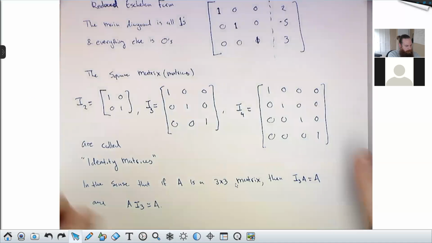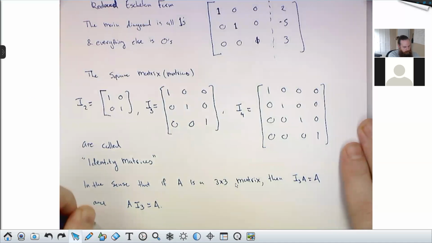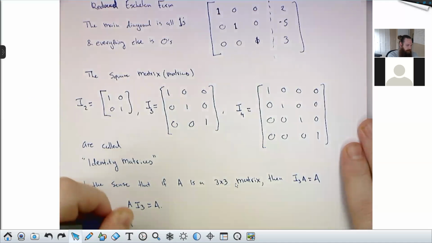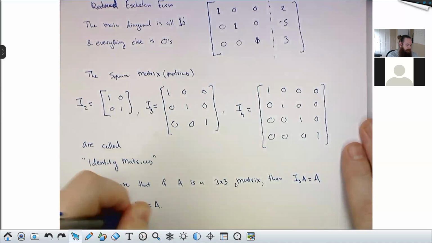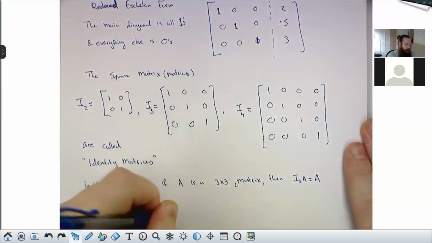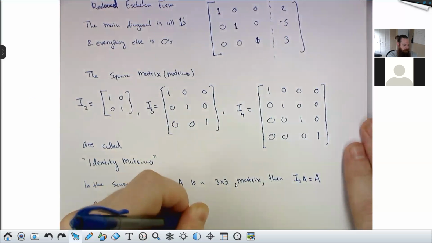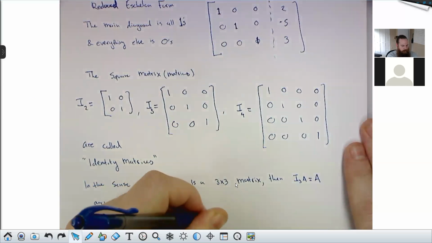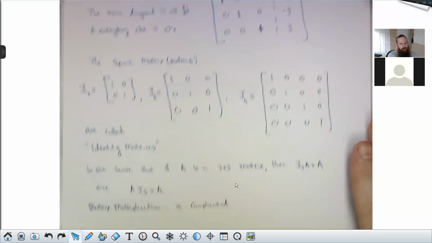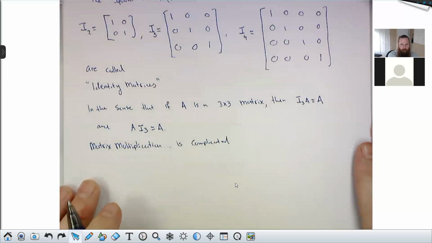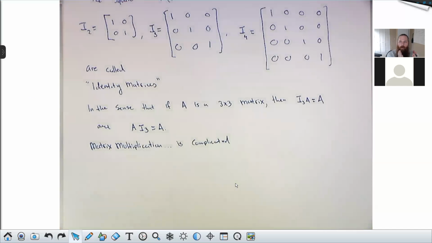But how do you multiply matrices? Matrix multiplication is complicated. First, you can't just multiply any two matrices. You can only multiply matrices together if a certain size criterion is met.